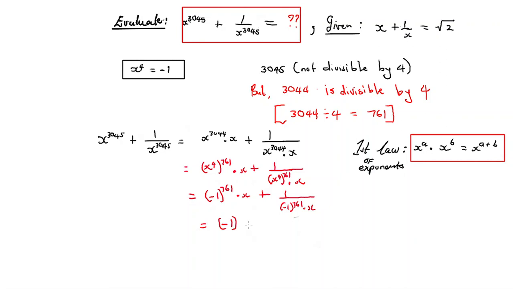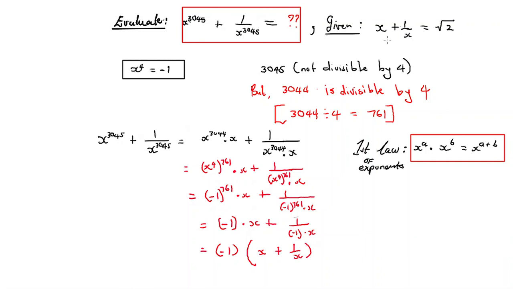Let's keep the result in brackets: we obtain negative 1 times x plus 1 over negative 1 times x. Simplifying further, since the negative 1 is common to both terms of the binomial, we take it out as a common factor. Then inside the bracket we will be left with x plus 1 over x.